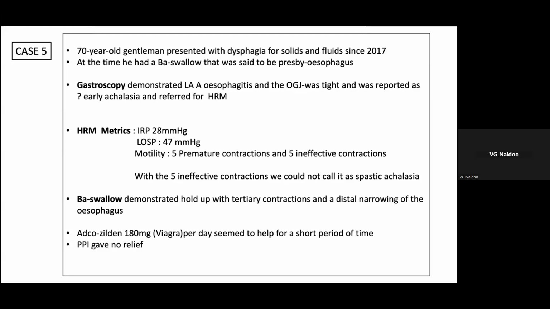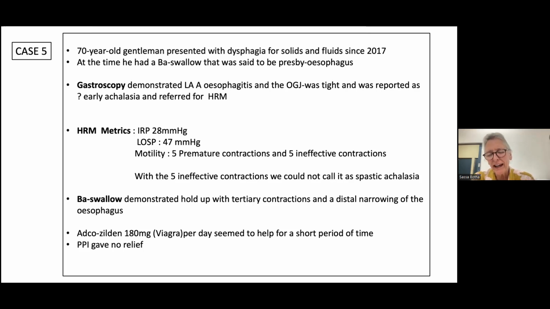So it's just one of those things where long-standing reflux can cause people to develop aperistalsis, and in a proportion of them, they will normalize with acid suppressant treatment. Yeah, so volume reflux, in other words, it's basically reflux that comes up into your mouth.